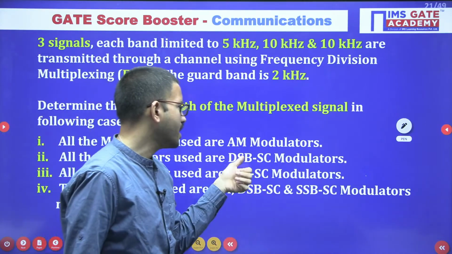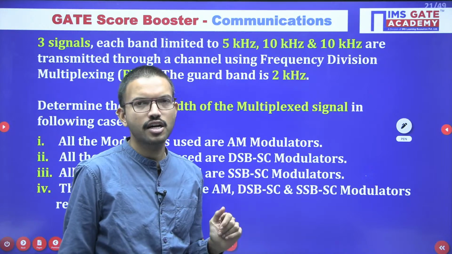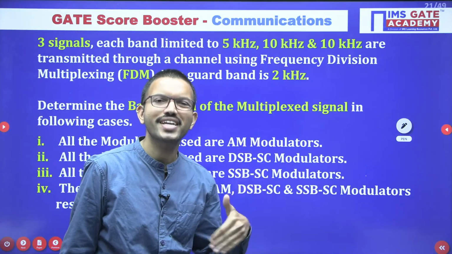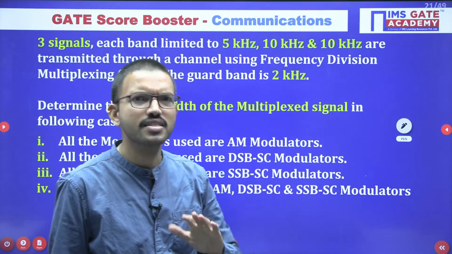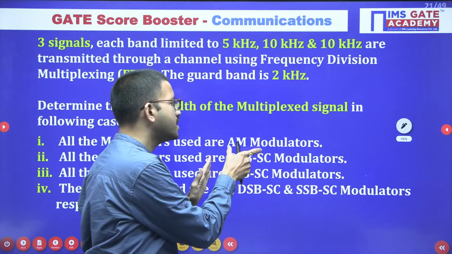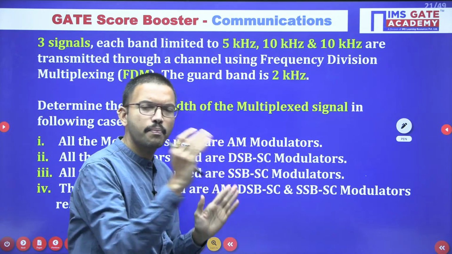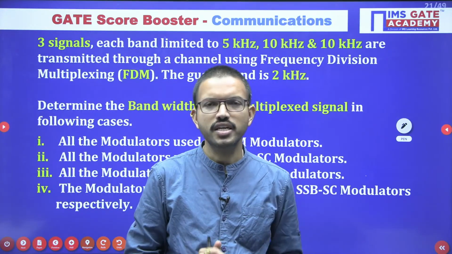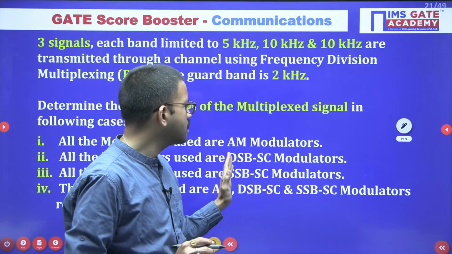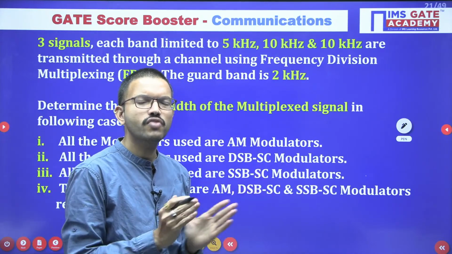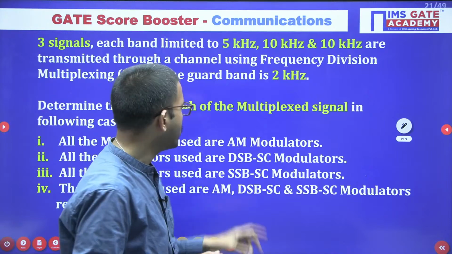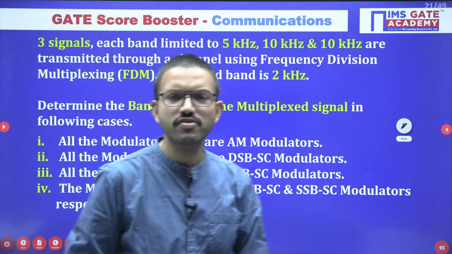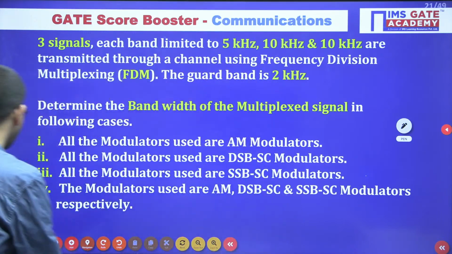The only difference is that at the carrier frequency you do not get any signal component in DSBSC. In DSBSC, the upper cutoff frequency is FC plus FM and the lower sideband frequency is FC minus FM. Taking the difference, you get 2 FM. So for both AM and DSBSC, the bandwidth is 2 times the maximum frequency of the message signal.